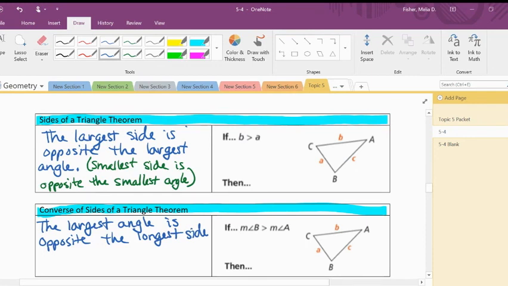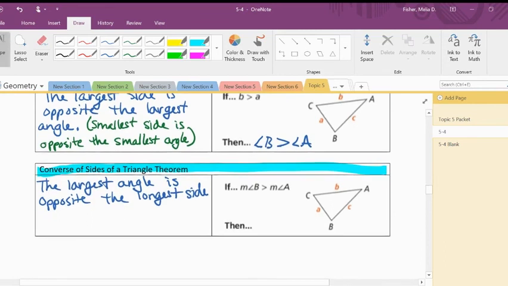So if side B is greater than side A, then we conclude that angle B is also greater than angle A. If angle B is greater than the measure of angle A, then side B has to be greater than side A.